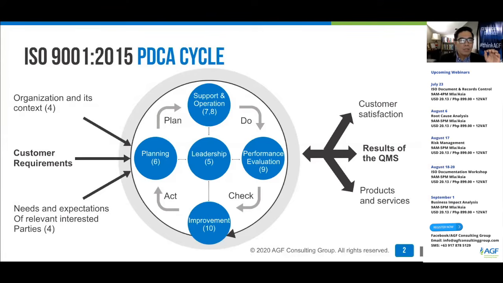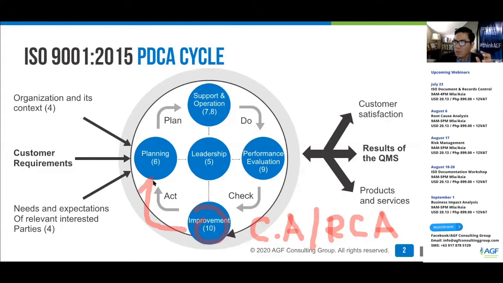So as soon as you have completed this, this is 10.2. Remember, this is corrective action reporting. This is also involving RCA, root cause analysis, right? So you analyze the root cause. Once you're done with the corrective action report, you go back again to your 6.1, which is the risk assessment.